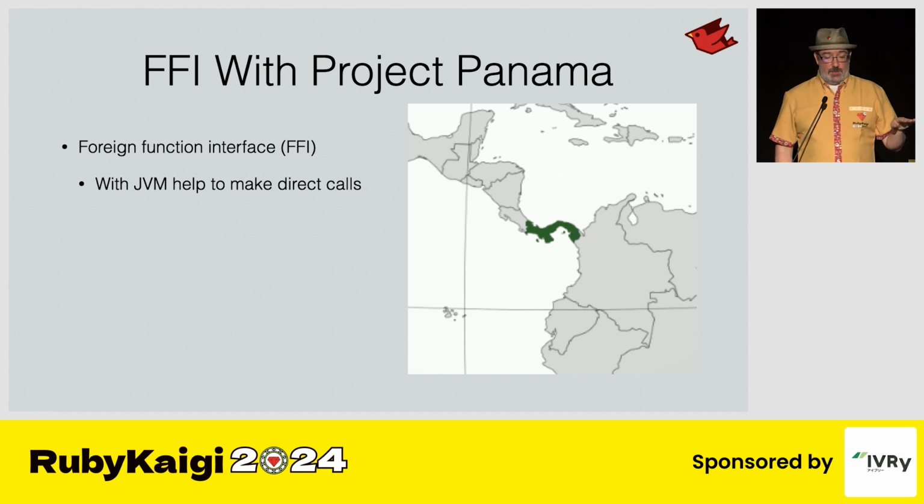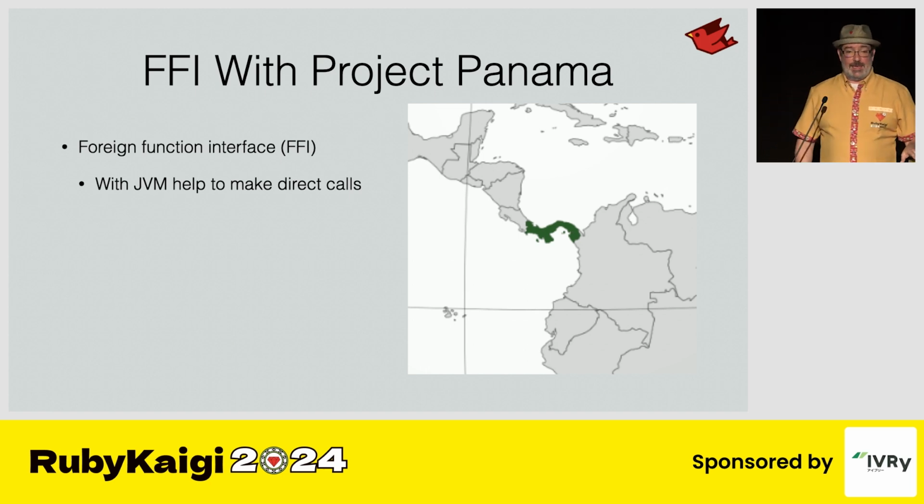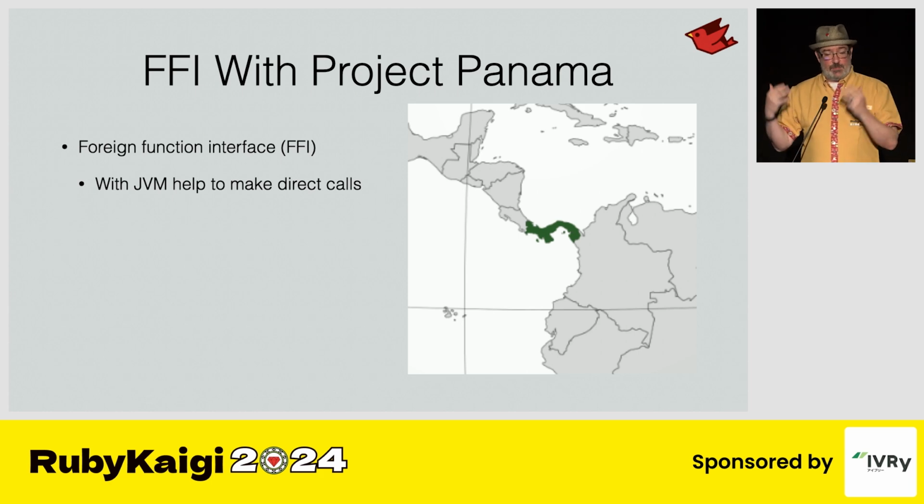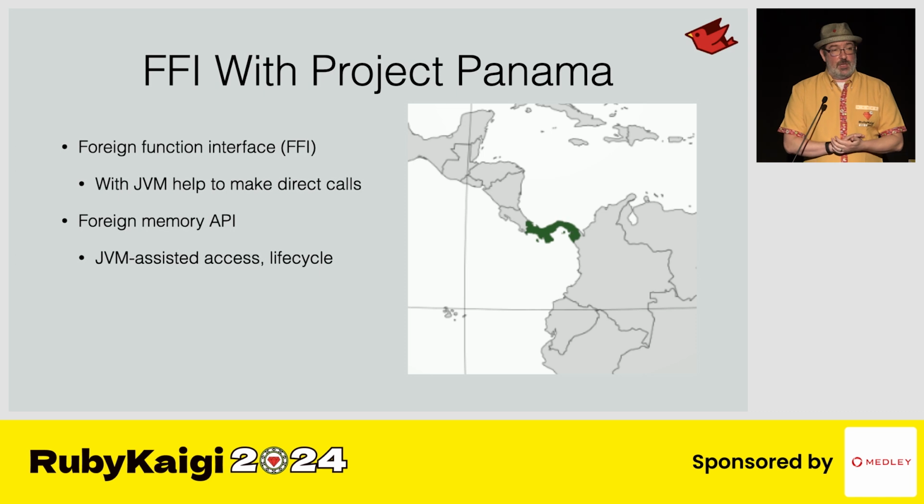And the difference between the JVM's FFI and the one in JRuby is that the JVM JIT, the JVM garbage collector, knows about these calls and can optimize them. It can reduce some of the overhead of going out to native and coming back into the VM. It also comes with a foreign memory API to optimize accessing and allocating and clearing native memory blocks. Something obviously very critical if you're calling out to native functions. You need to be able to manage native memory as well.